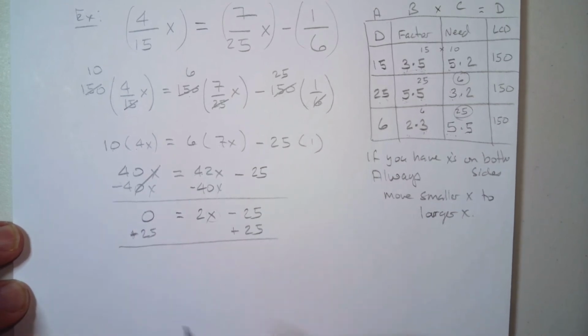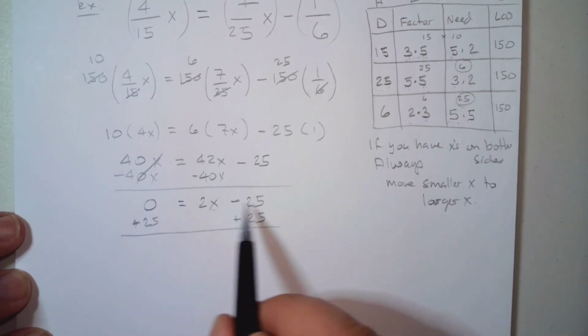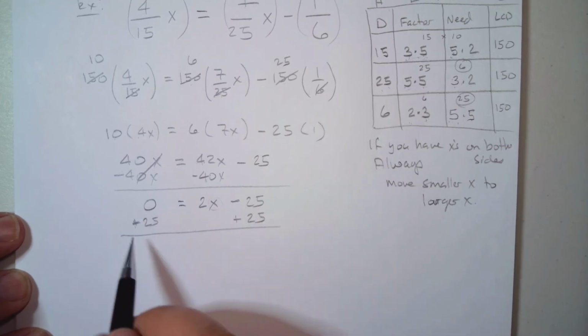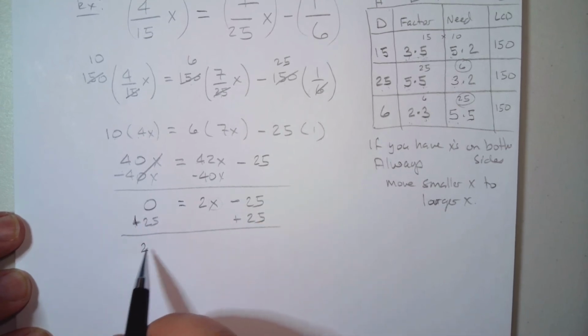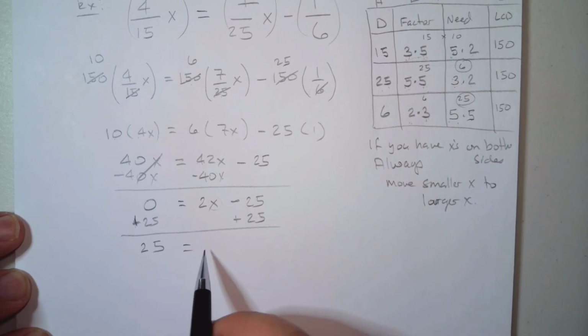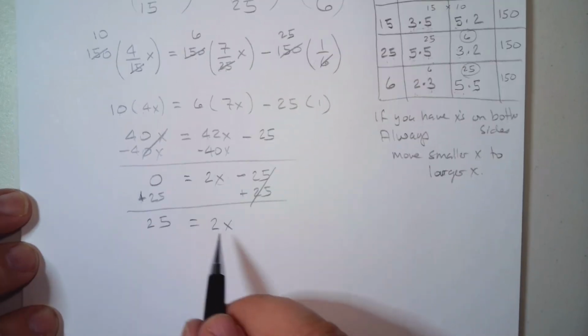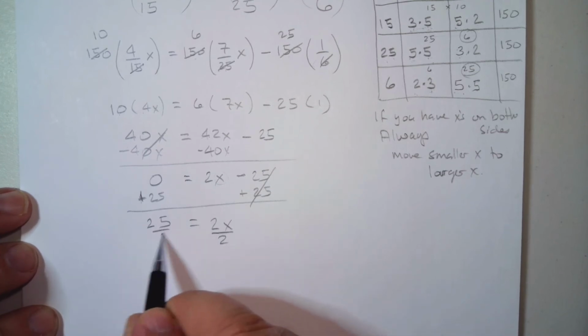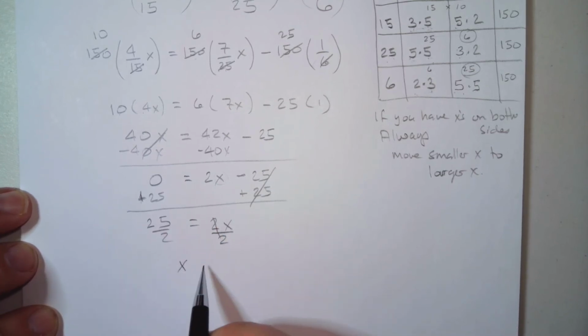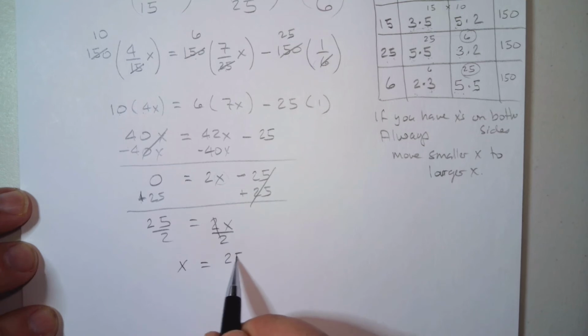So we add 25 to both sides. We add it because it's a negative 25. 0 plus 25 is 25. 2x, and these cancel. And divide by 2. So x is equal to 25 over 2. There's your answer.